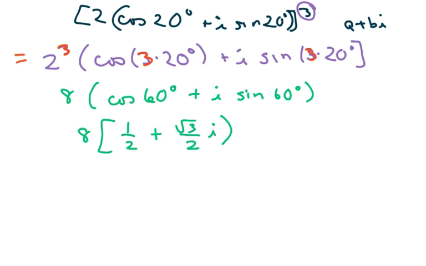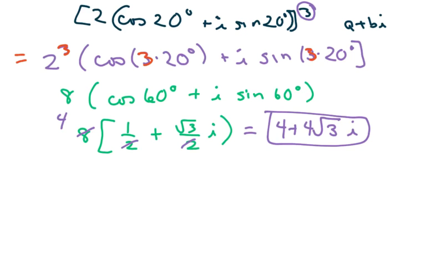And when you simplify this, both of these 2's go into 8 4 times, so multiply by 4. 4 plus 4 times square root of 3 i. Make sure your i is not under that radical. And that's your answer. So in the next video we're going to do more of these, and they're a little harder.